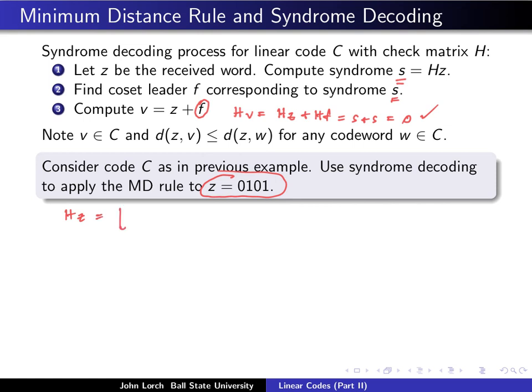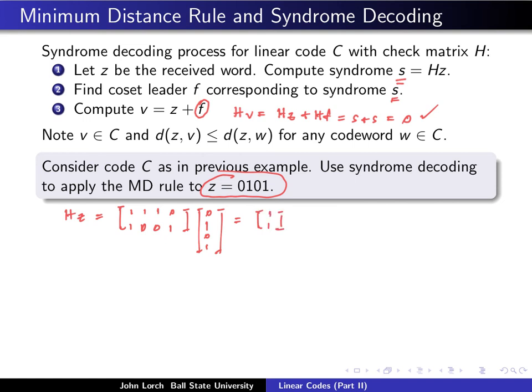From the previous slide, it's 1, 1, 1, 0, 1, 0, 0, 1, and we apply that to our vector Z, which is 0, 1, 0, 1. So apparently we will be adding the second and fourth columns of H together, and that's going to give us 1, 1.